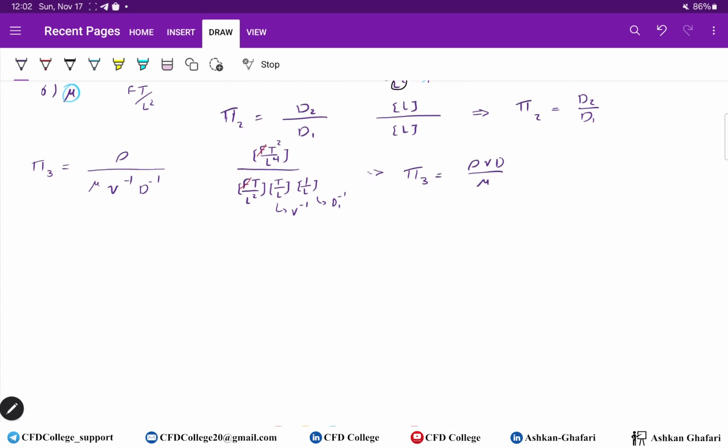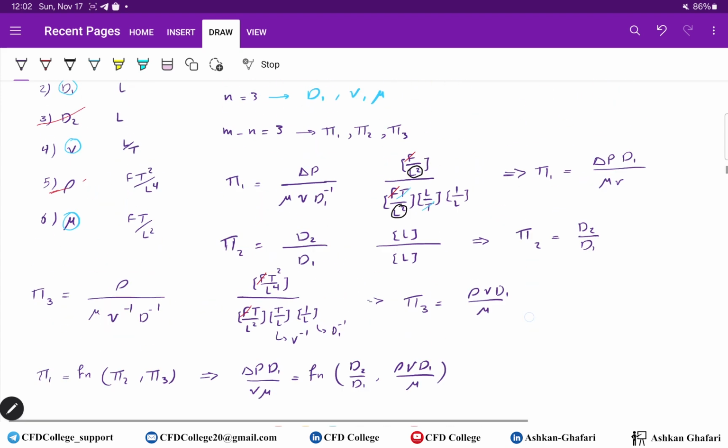So the final answer is pi 1 is a function of pi 2 and pi 3, which means that delta p d1 over v mu is a function of d2 over d1 and rho v d1 over mu.